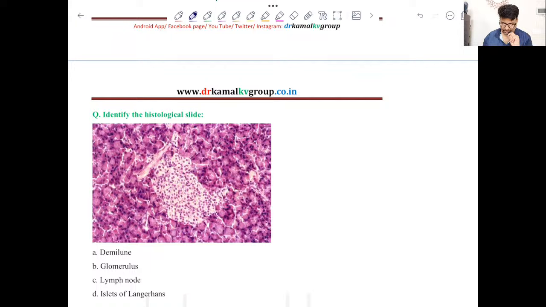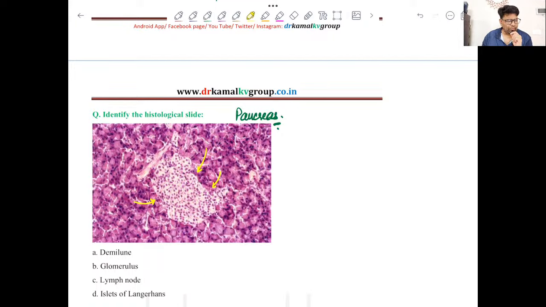What can you see here? Anyone, what is the histological slide? This is histology of pancreas, and when I say histology of pancreas, I think most of you can answer what this actually is.